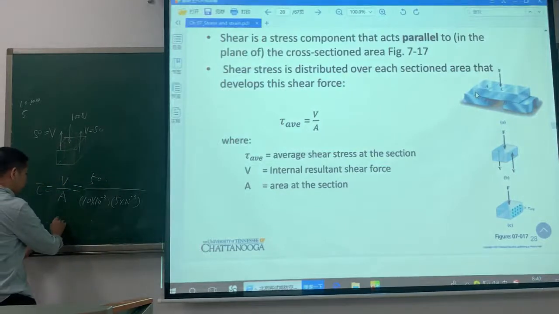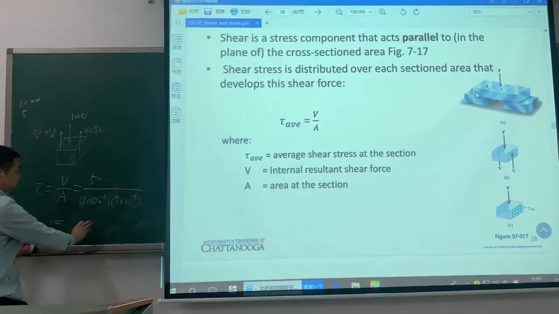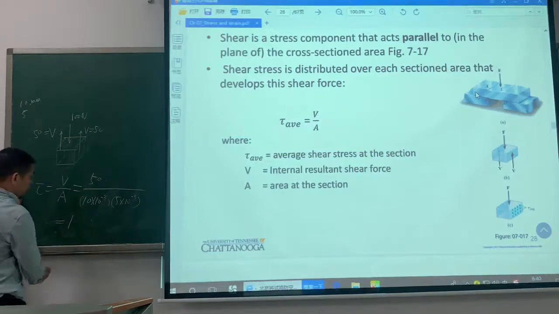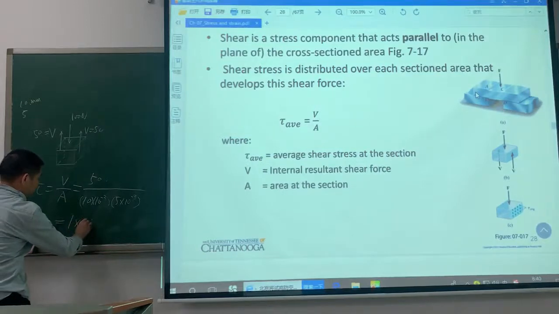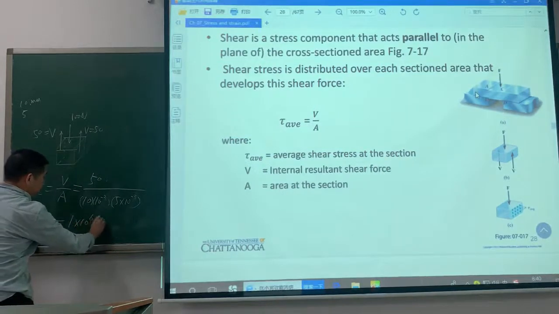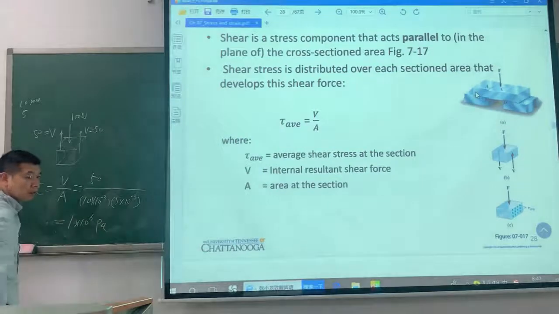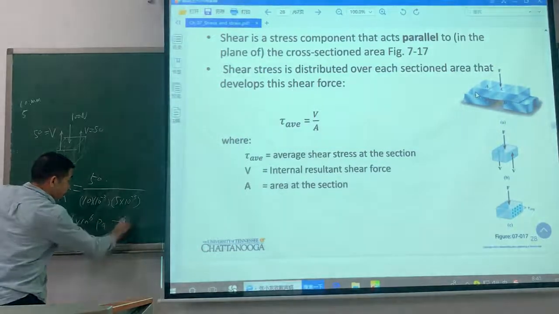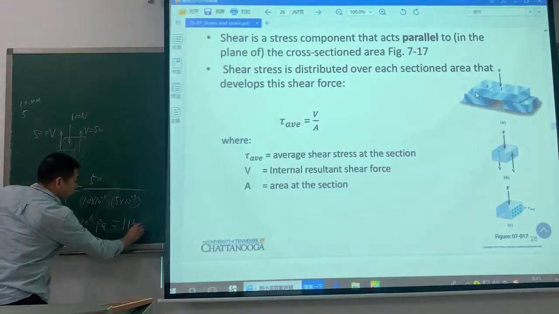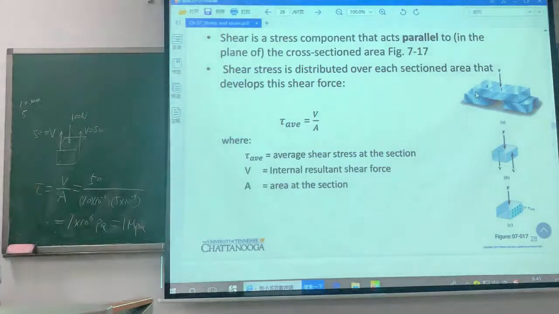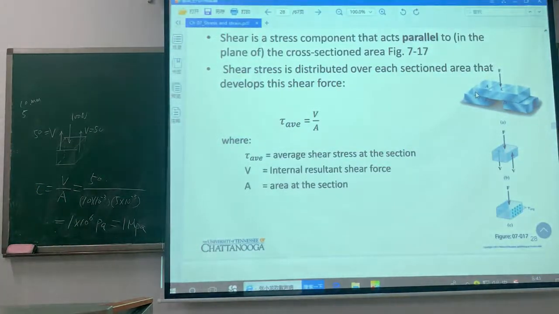So how much is it? It's 1 Pascal. It is 1 MPa. Understand?